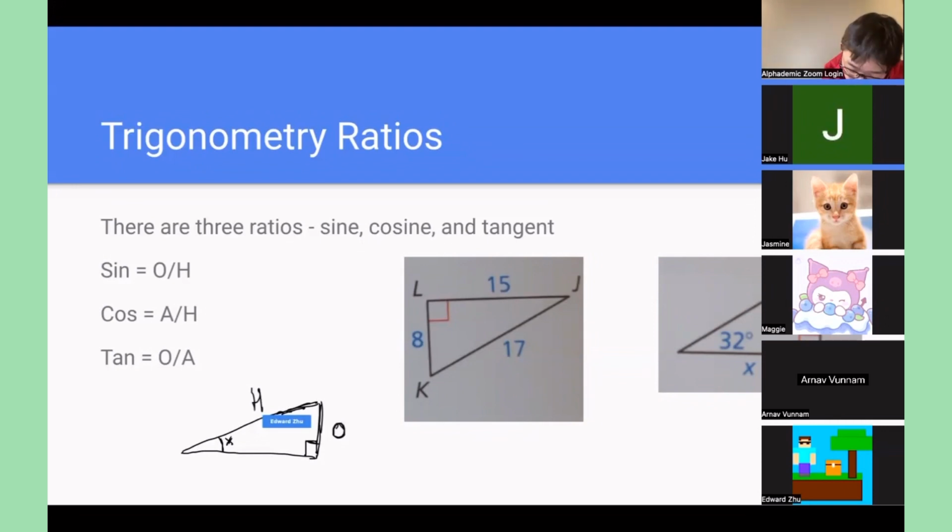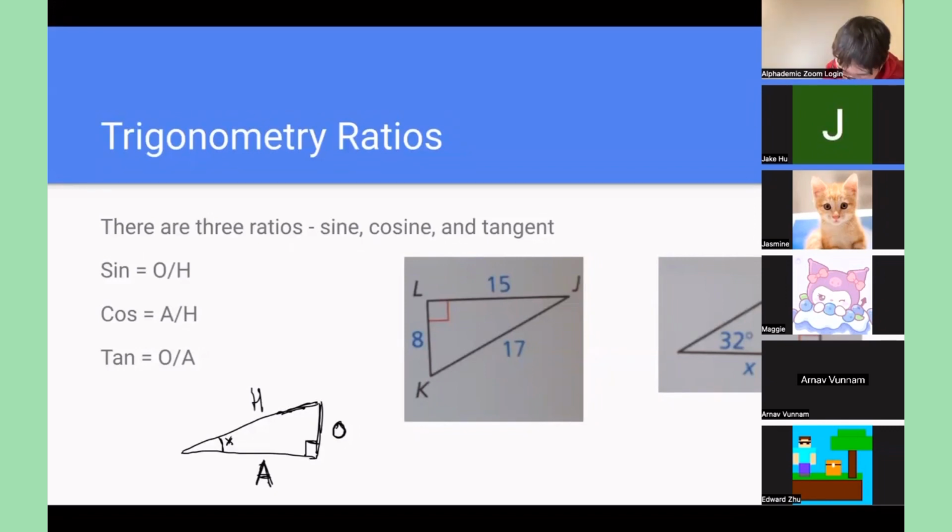Cosine would mean the adjacent side over the hypotenuse, and tangent would mean this side, the opposite side, over the adjacent side.